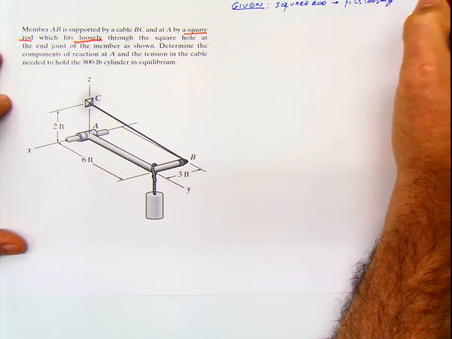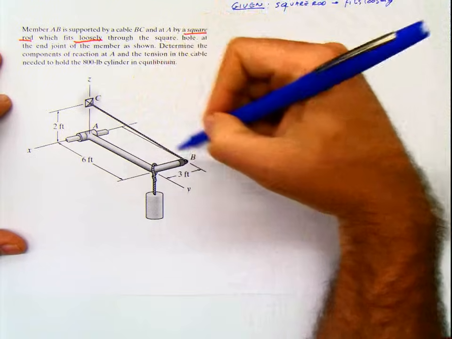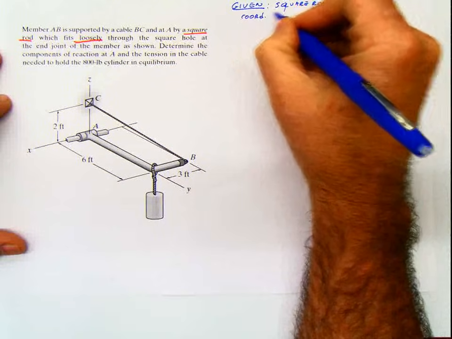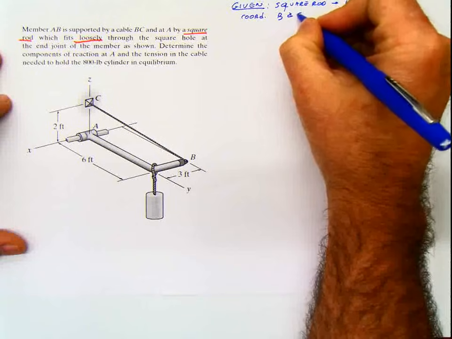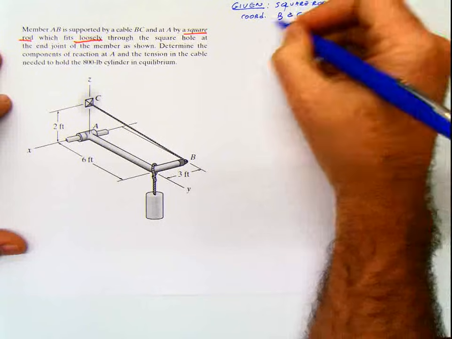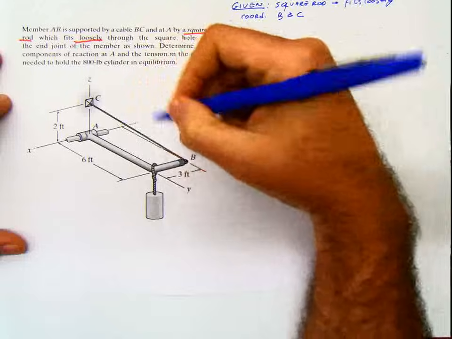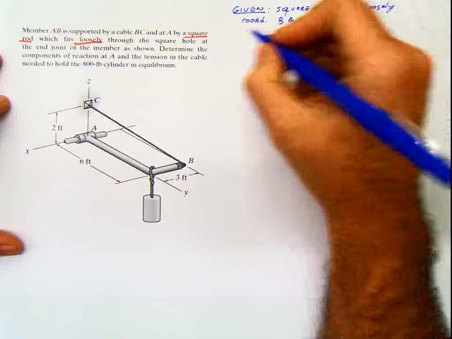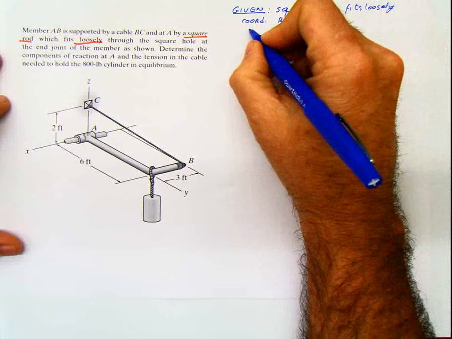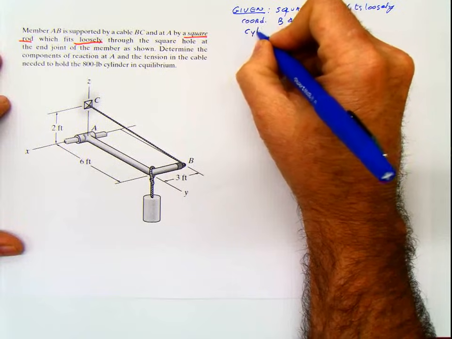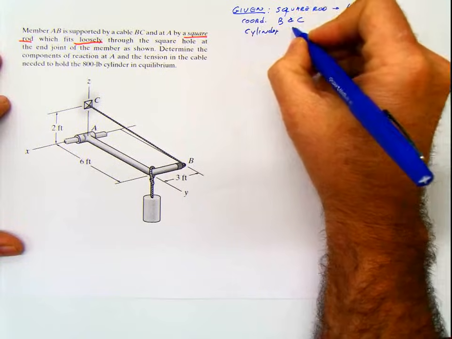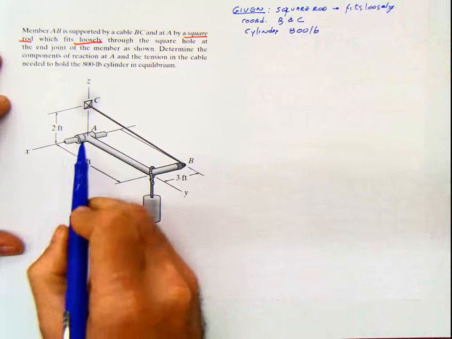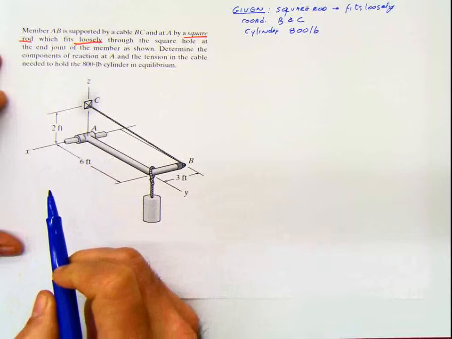What else do we know? We know the coordinates of this cable, coordinates for B and C, which is going to allow us to express it in vector notation. We know also the weight of the cylinder is 80 pounds. And now we have this type of support here.